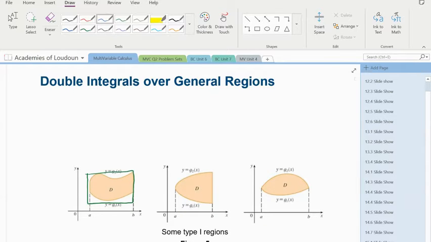A plane region D is said to be of type 1 if it lies between the graphs of two continuous functions of x.